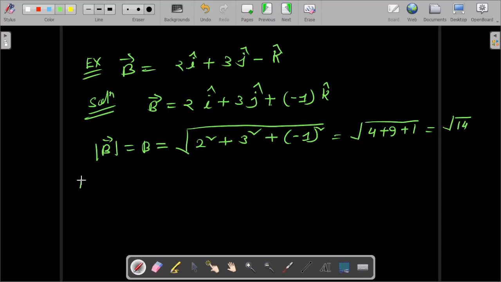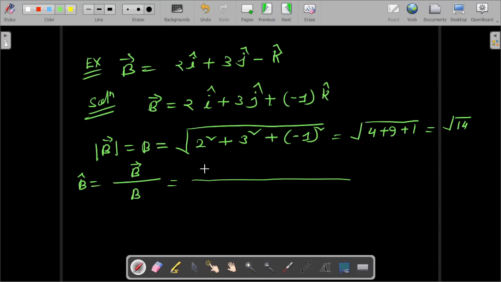Now find out the unit vector in the direction of b. How can we write it? Simply write the given vector and divide that given vector by its value. What is the given vector?